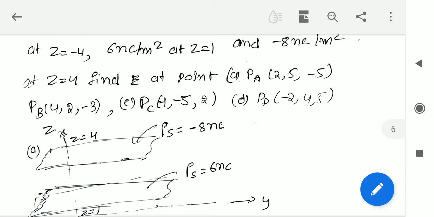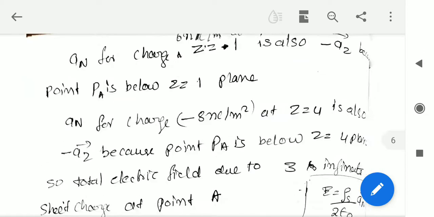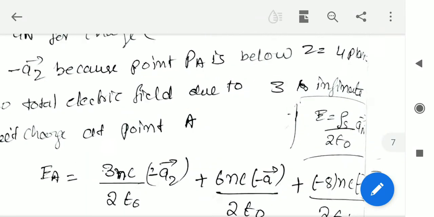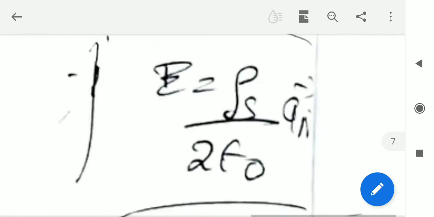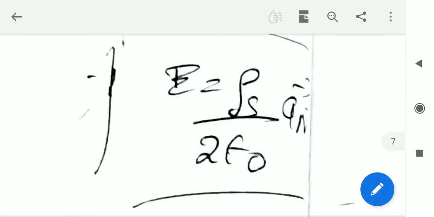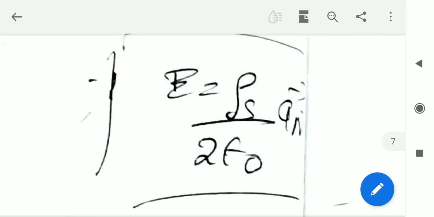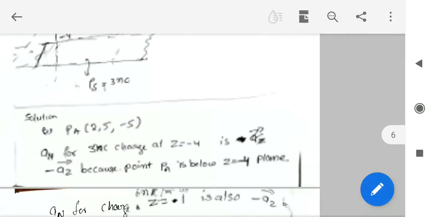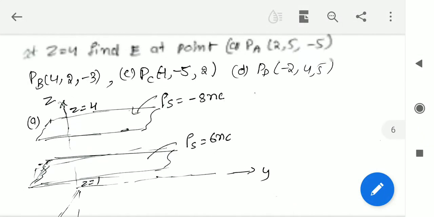First we will go for one point, that is PA. Okay, so the electric field formula is given by rho s divided by 2 epsilon into an. Rho s is constant, 2 is constant and epsilon is also constant. An indicates the unit vector in the direction perpendicular to the sheet. The sheet is present in the xy plane, so the perpendicular to the xy plane is the z direction.